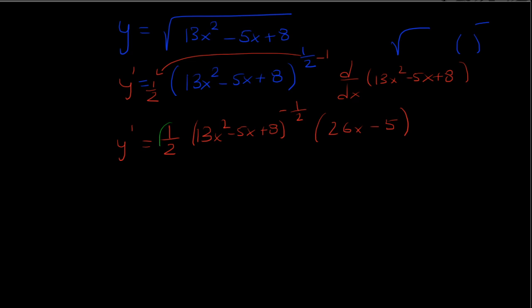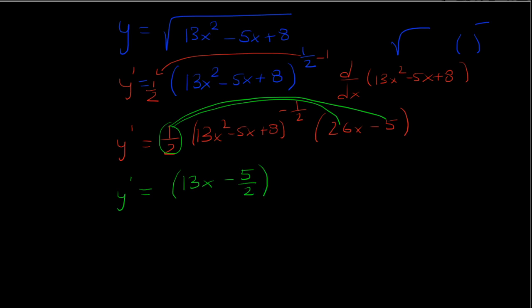Now this 1/2, I'm going to distribute it to 26x and negative 5. So I'm going to pull that in front first. So 1/2 times 26x is 13x, and then 1/2 times negative 5 is negative 5/2. And then times 13x squared minus 5x plus 8 to the negative 1/2 power.